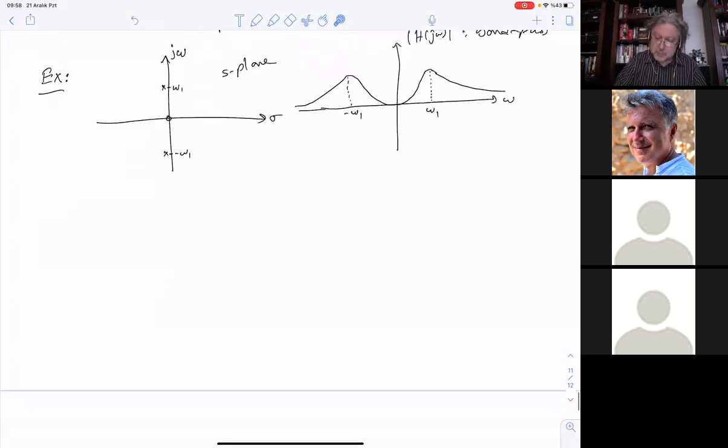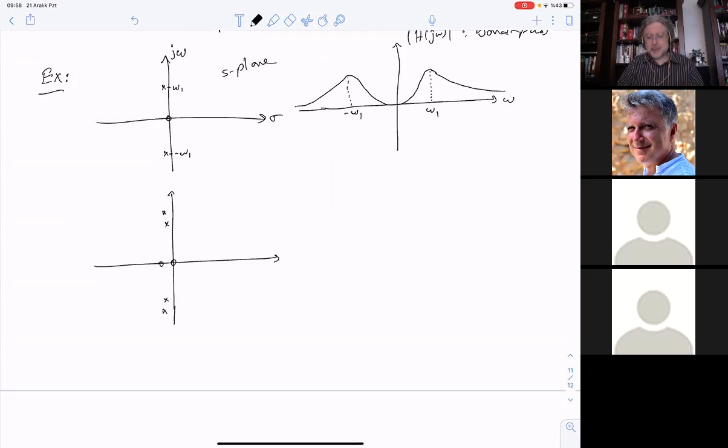Can I improve it? Probably I can by putting, for instance, two poles here and the 0 here, another 0 here.